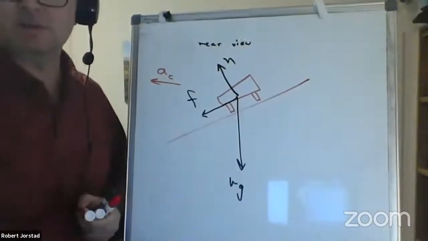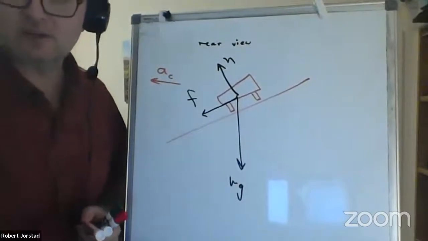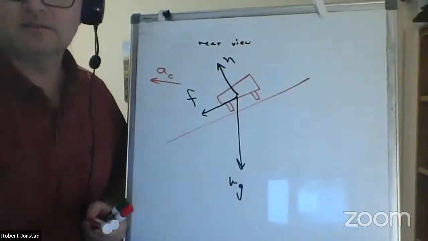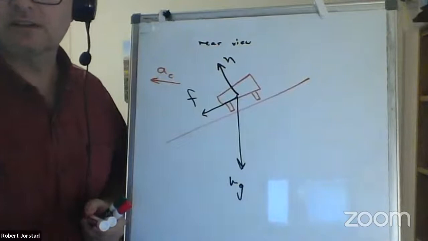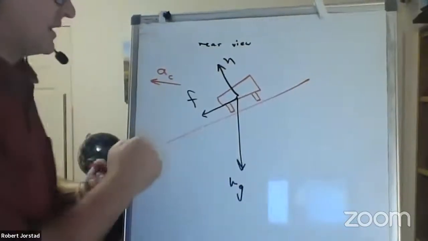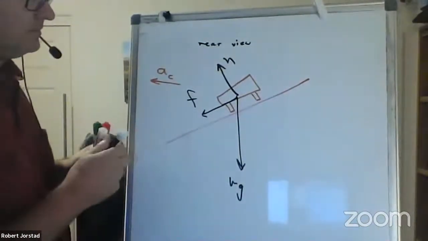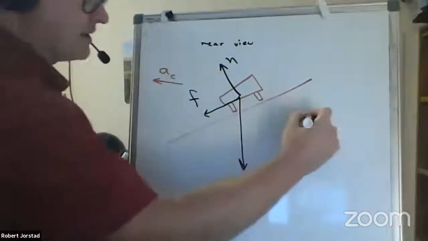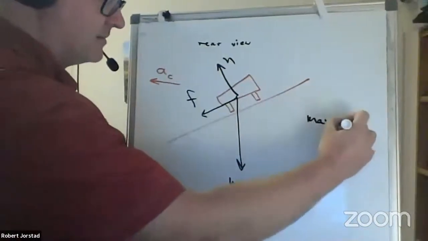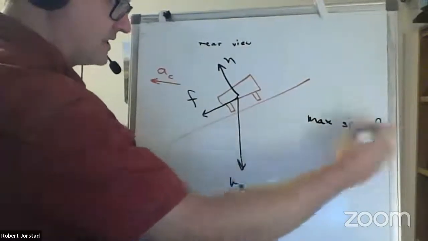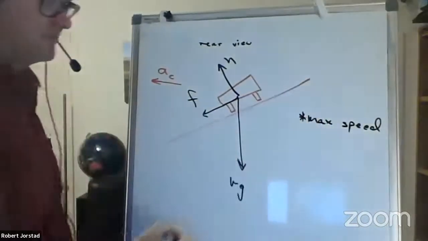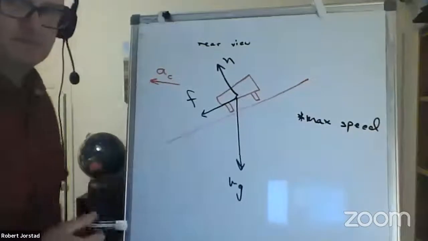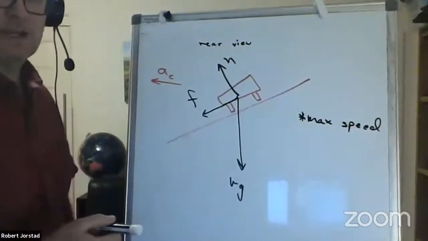And then the extra piece, Olivia's having some trouble trying to get in here. Hopefully that worked. We'll see if she's able to get in. In this case, what does this tell us if it says max speed? What does that tell us about the friction equation? Which one applies?